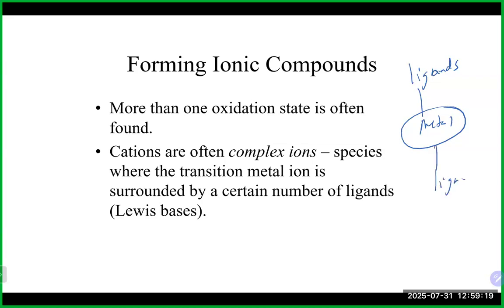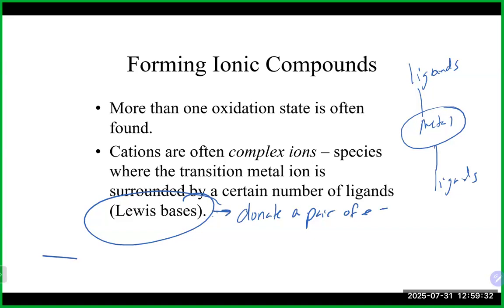Ligands, as we talked about in a previous chapter, are Lewis bases. And a reminder that a Lewis base is something that can donate a pair of electrons. A Lewis acid, which is basically our metal ion here, is something that can accept a pair of electrons.